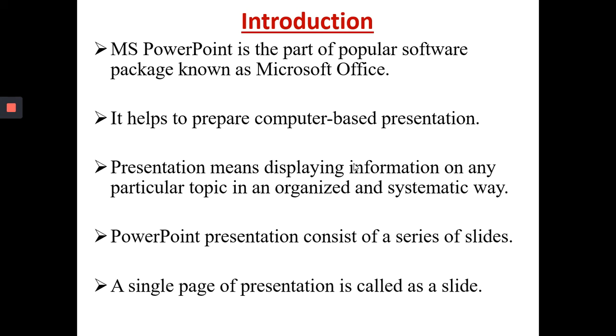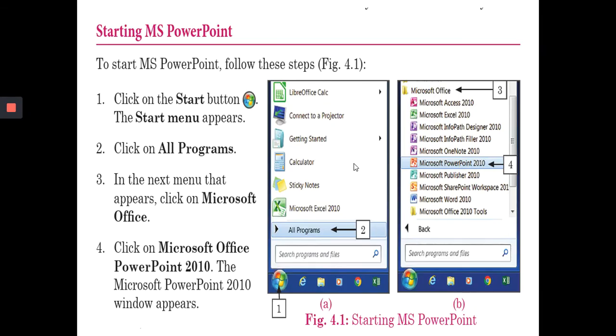Clear? Clear what is MS PowerPoint? MS PowerPoint is a software that we use to make a computer-based project or presentation for displaying any information in an organized and systematic way, and each and every page of our project is called a slide. Clear?